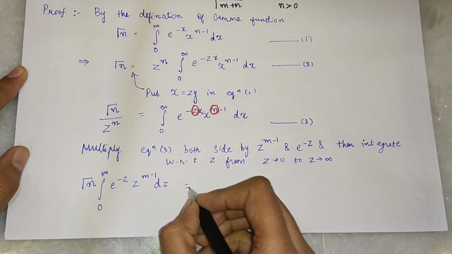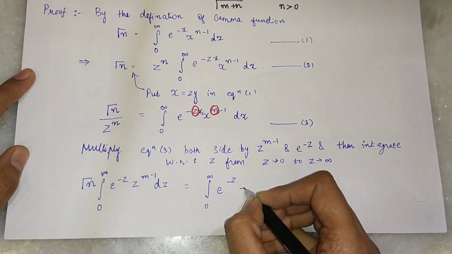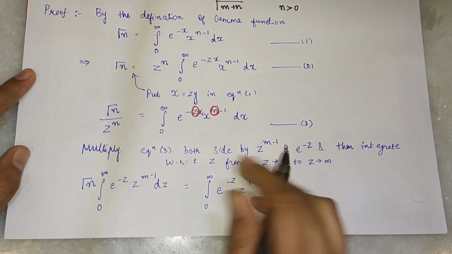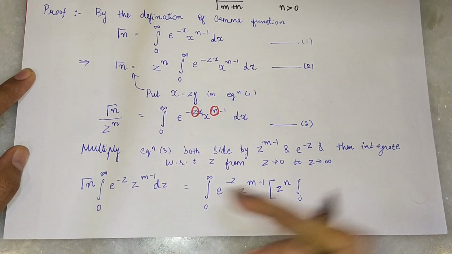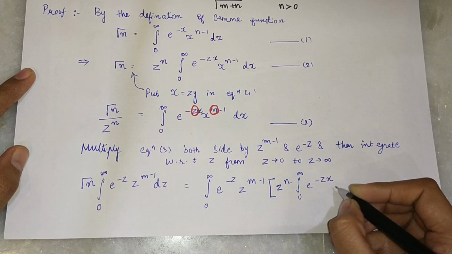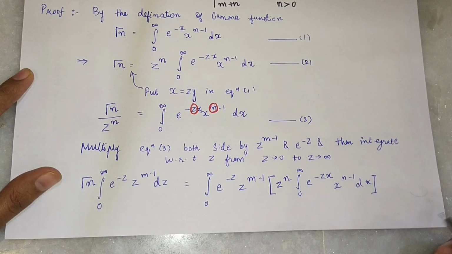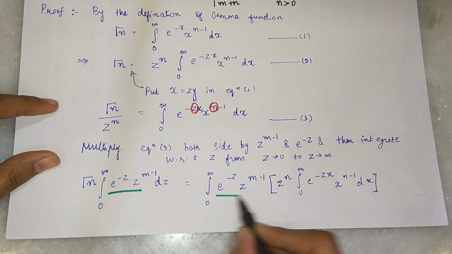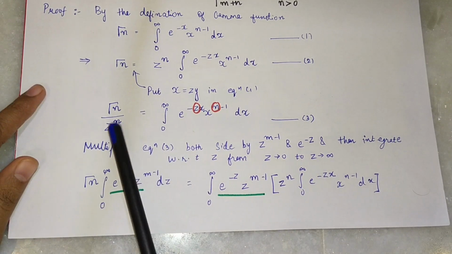That is equal to the integral from 0 to infinity of e raised to minus z, z raised to m minus 1, whole bracket, with z raised to n coming here, and this term will remain as it is because you just have to multiply by this term: the integral from 0 to infinity of e raised to minus zx, x raised to n minus 1 dx. We just multiplied it by this term on both sides. Everything other than these terms will remain as it is.